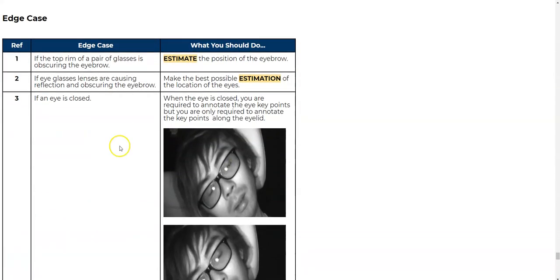Okay, so the edge cases that you might face when doing this task. If the top rim of a pair of glasses is obscuring the eyes, estimate the position of the eyebrow. If eyeglass lenses are causing reflection and obscuring the eyes, make the best possible estimation of the location of the eyes.